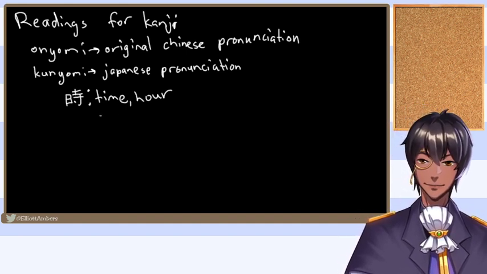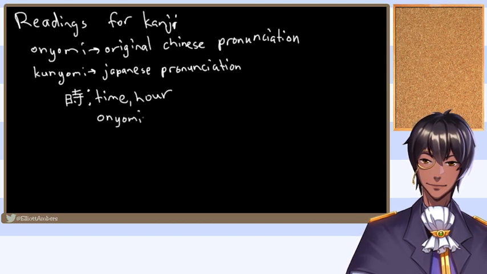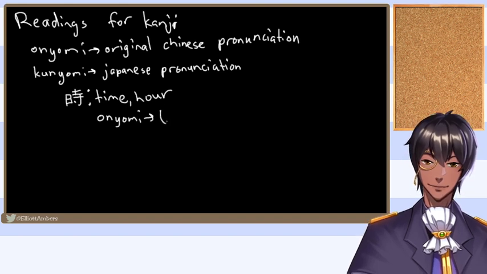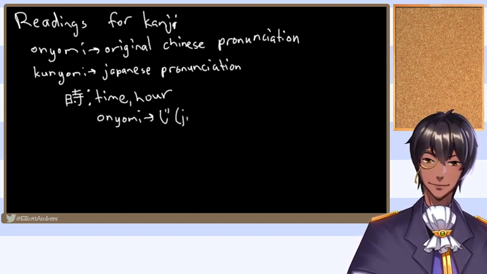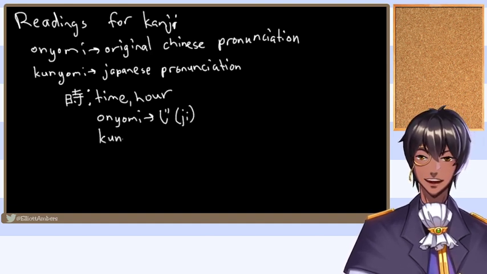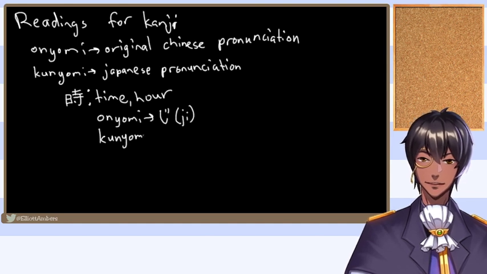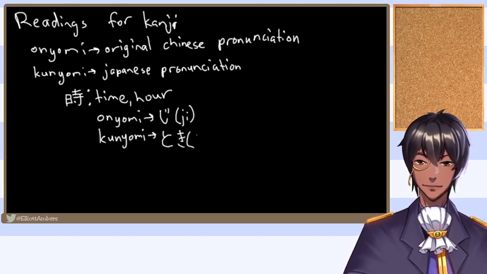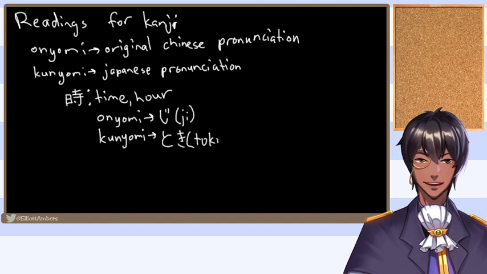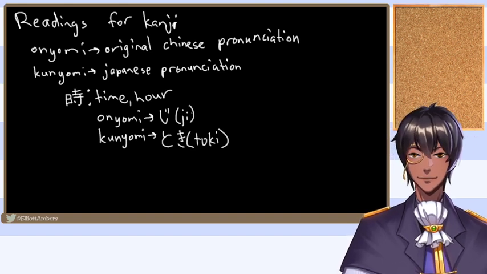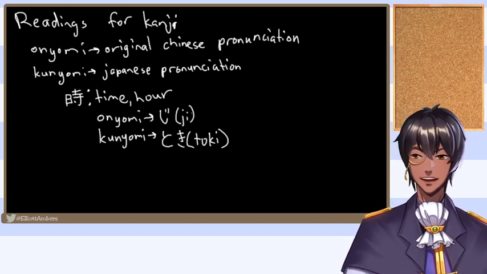The onyomi is read as ji, while the kunyomi, if you've watched JoJo's Bizarre Adventure, you might be familiar with this word, would be toki. Think about how Dio Brando says, Toki wa tomare. Time has stopped. Sorry. So that's toki.